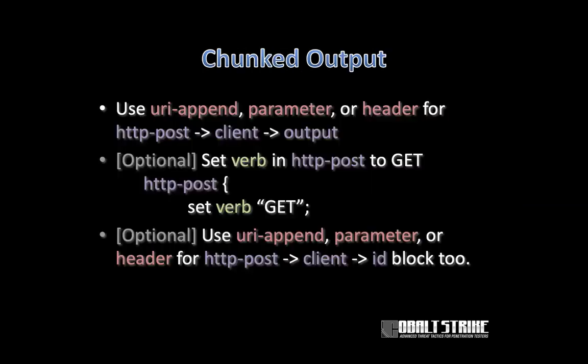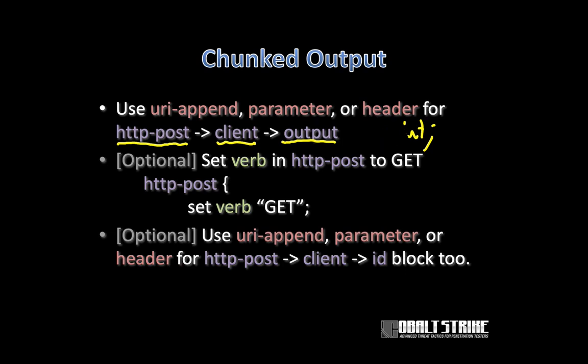The mechanism for get-only-C2 really has nothing to do with gets. In fact, I just call it chunked output internally. And here's how that works. Normally, the HTTP post client output block uses the print statement for its data termination statement. And that means post this data. So send it as the post output.